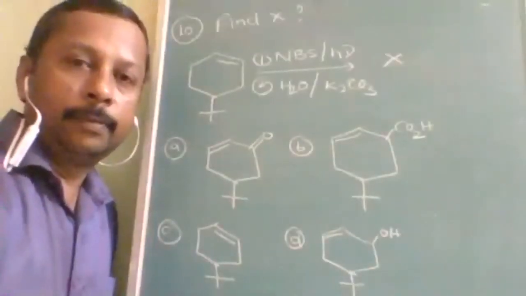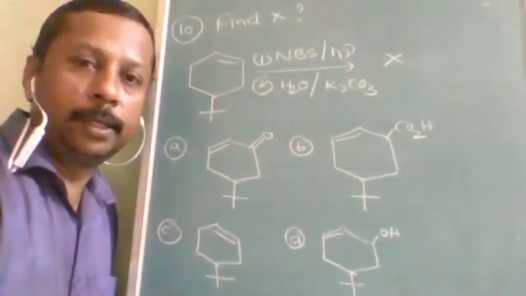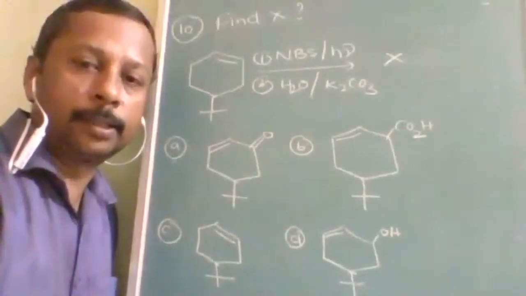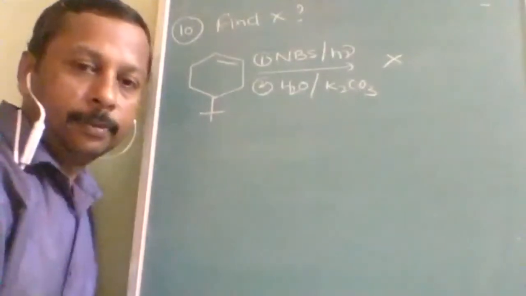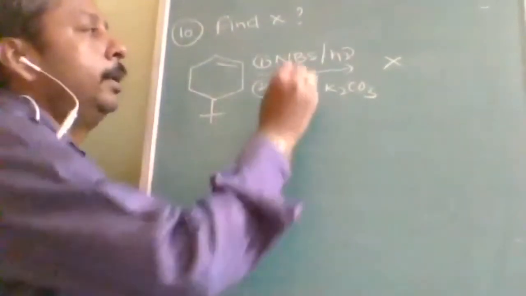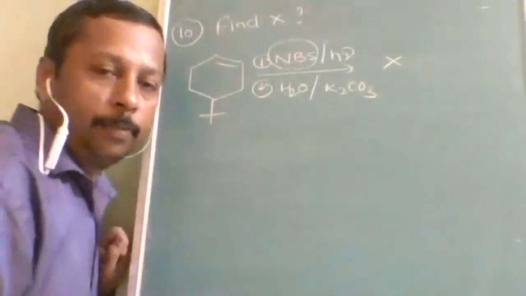Okay, try. First reagent is NBS, hv. Second reagent is K2CO3, H2O. What is X? All structures are given to you. Now listen. NBS is a specialist reagent for allylic bromination.